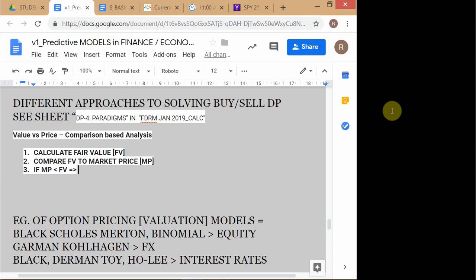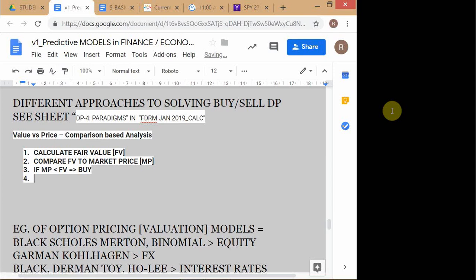Okay, this should actually be 3.1 and 3.2, but we'll just ignore that to save time. If market price is greater than fair value, sell. So this is the generalized framework. Now we'll see why the NPV actually accurately fits into this framework. We'll confirm that for ourselves.